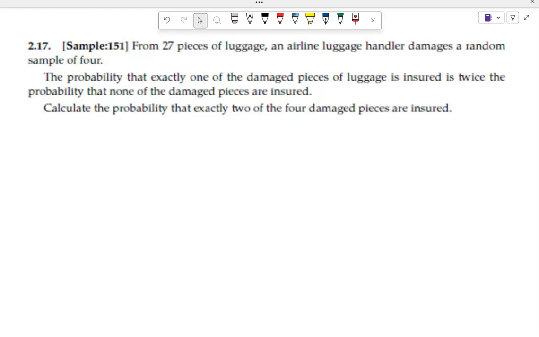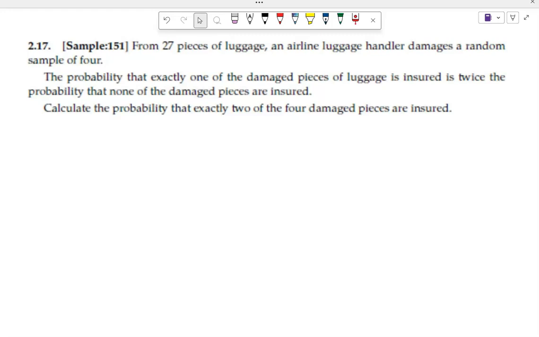Notice this is another hypergeometric. We've got a selection of luggage divided into 2 groups. Some are insured, some are not insured. We're going to select a random sample of 4, so we select the luggage without replacement, right? We're going to damage 4 of them, not the same one 4 times. So this really is another example of those hypergeometric problems.